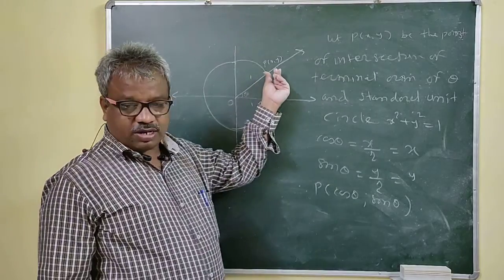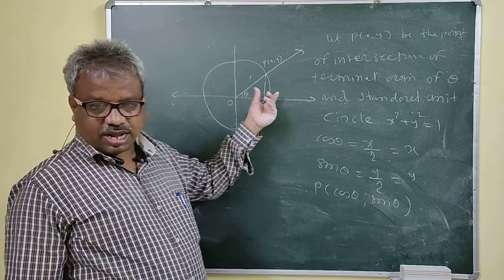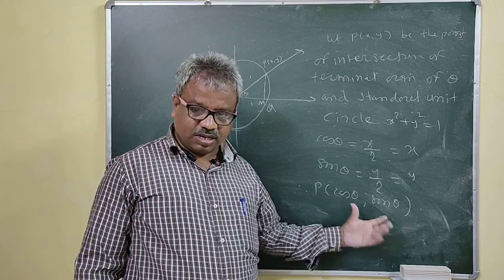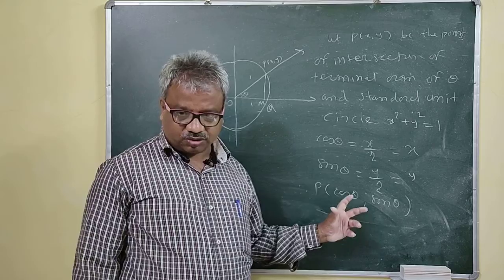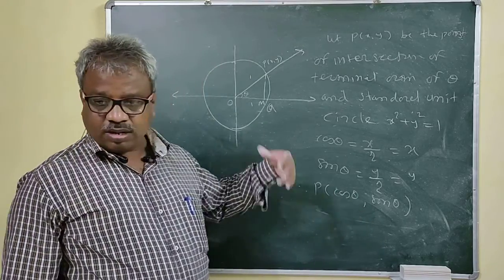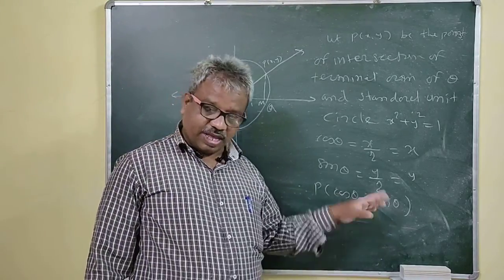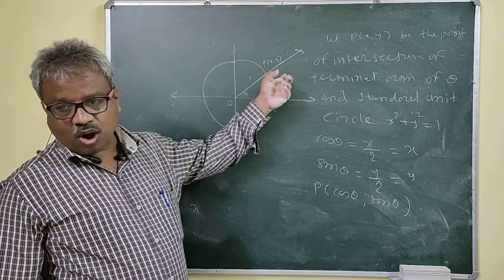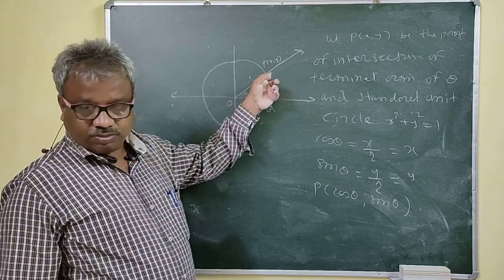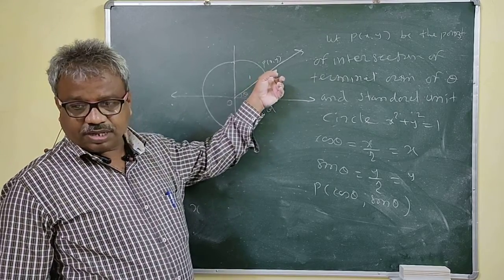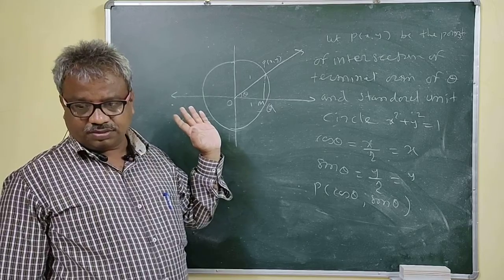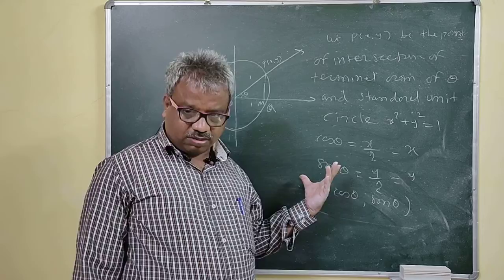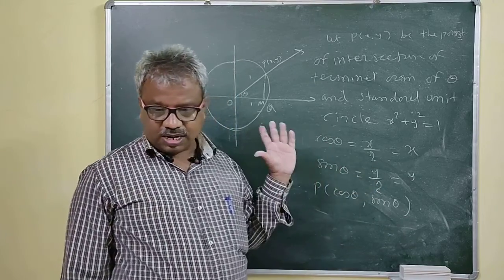If you get the point of intersection, you will get these two trigonometric ratios, sin theta and cos theta, and so you can find the other four trigonometric ratios. So to find the trigonometric ratio of any angle, try to find the coordinates of the point of intersection of the terminal arm and the standard unit circle. Your x coordinate will be the cosine of the angle, and the y coordinate is the sine of that angle.